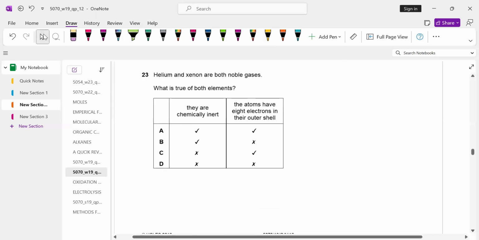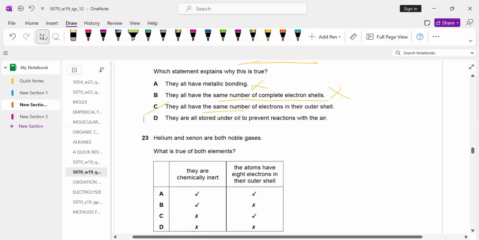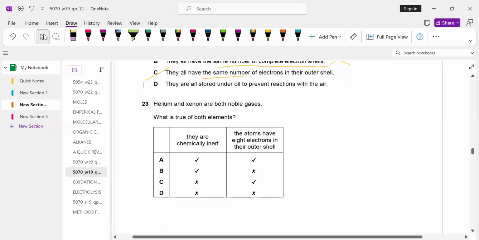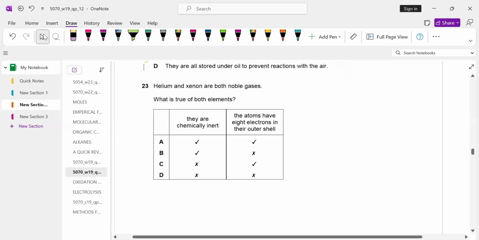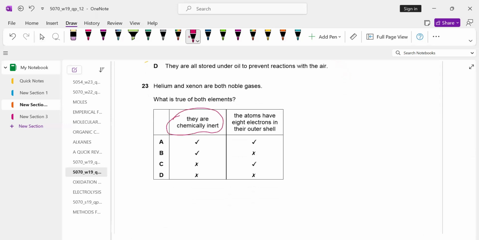Then question number 23. Helium and oxygen are both noble gases. What is true of both elements? So they are chemically inert.